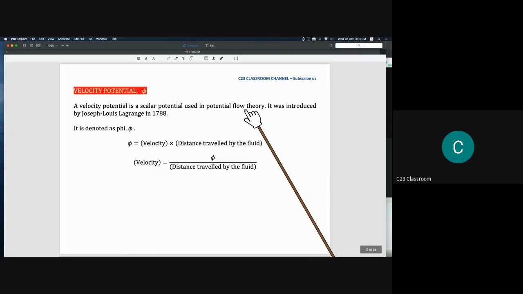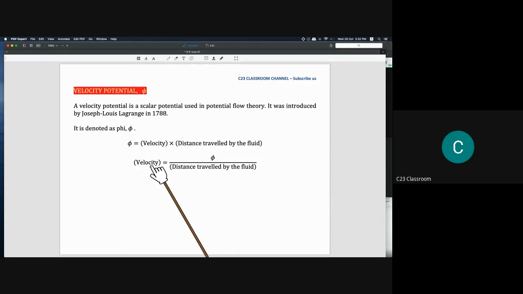Okay, so we are now going to have the phi here. The idea is the same: the velocity times the distance traveled by the fluid. Because it refers to the idea of circulation and vorticity.